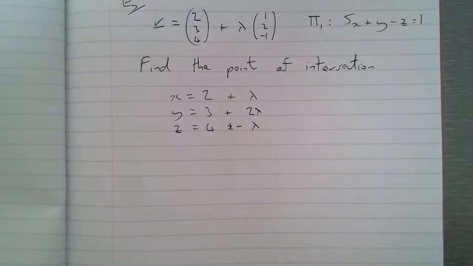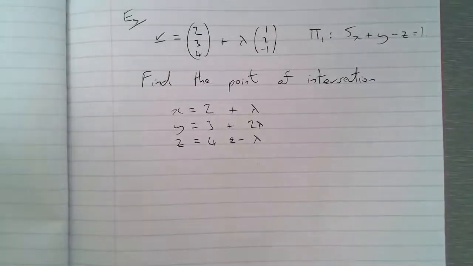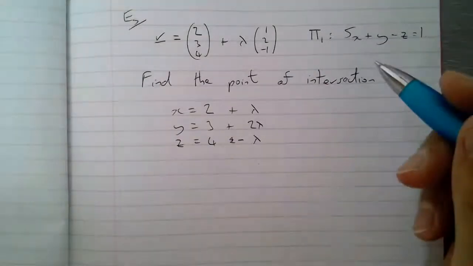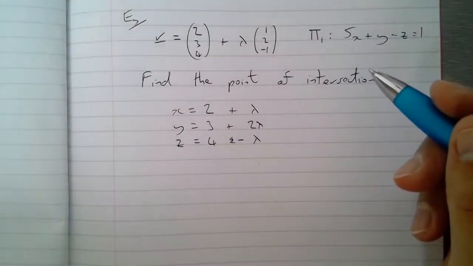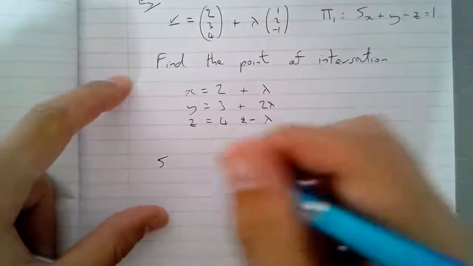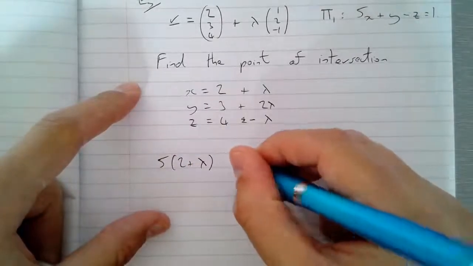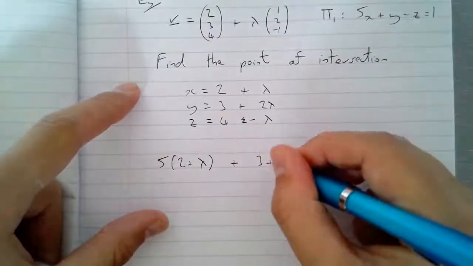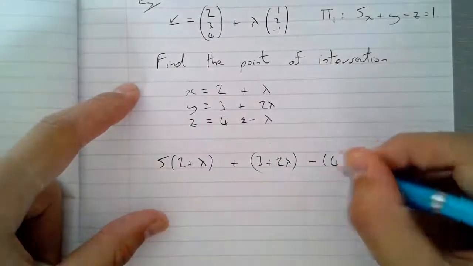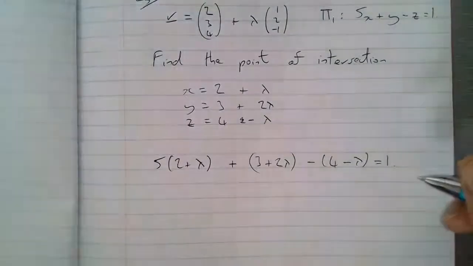Have a go at doing that and think about how you're going to use that value of lambda to find the point of intersection. Okay, so by substituting all of these things in here, you're going to get 5 lots of 2 plus lambda, plus 3 plus 2 lambda, minus 4 minus lambda equals 1.